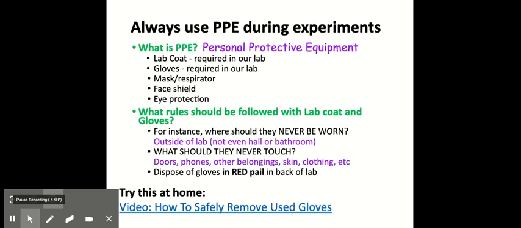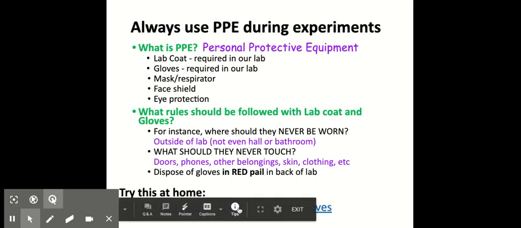You should dispose of used gloves in red pails, which you would see in the back of the laboratories at Georgian Court. I'm going to show you a video of how to safely remove your used gloves, and it's something you can try at home if you have a pair of gloves.